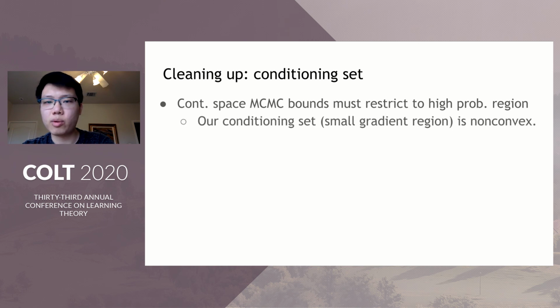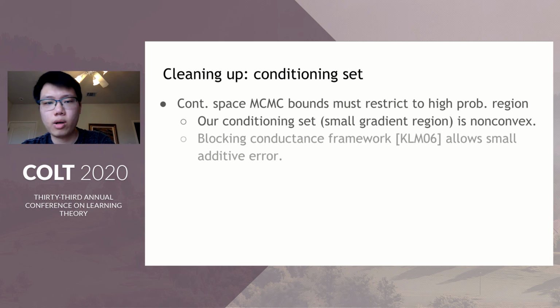And our conditioning set that we restrict to happens to be non-convex in general. Now, the blocking conductance framework tolerates a little bit of error in this non-convexity. And the issue here is basically that the restriction of a log-concave distribution to a non-convex set may no longer be log-concave. But because our set has such high measure, we're able to tolerate this small additive error.